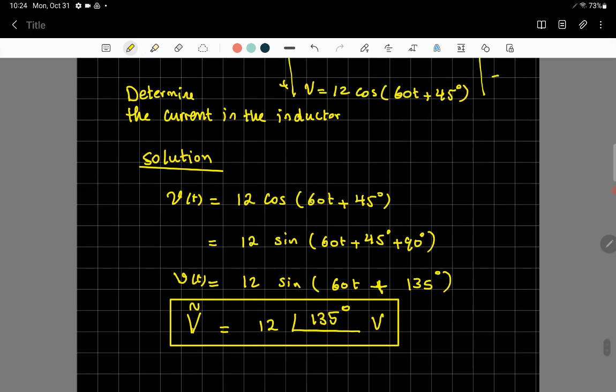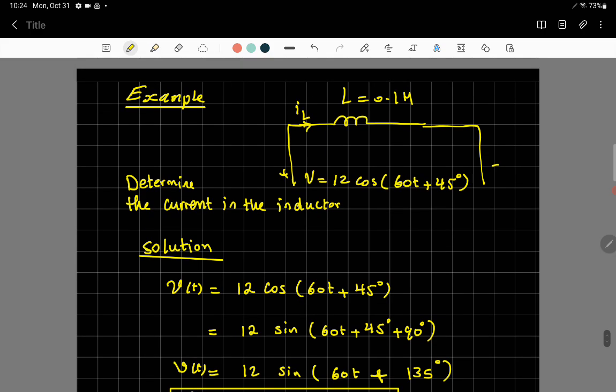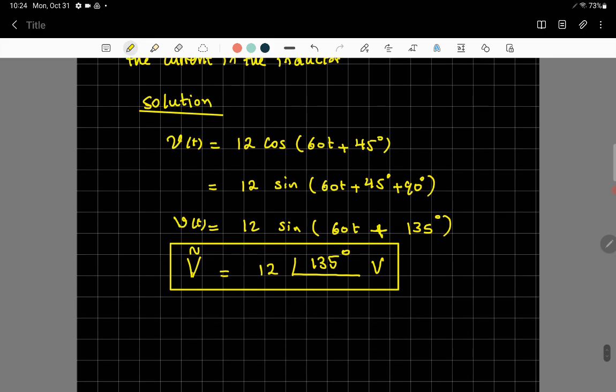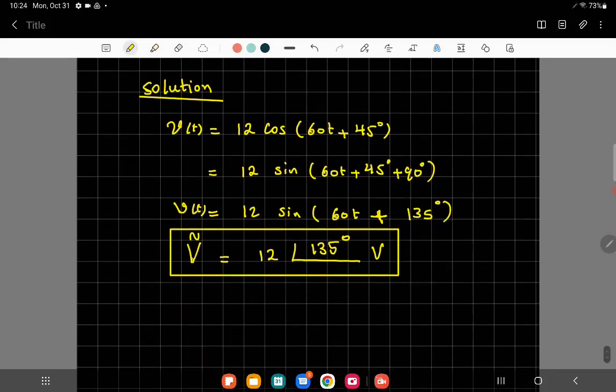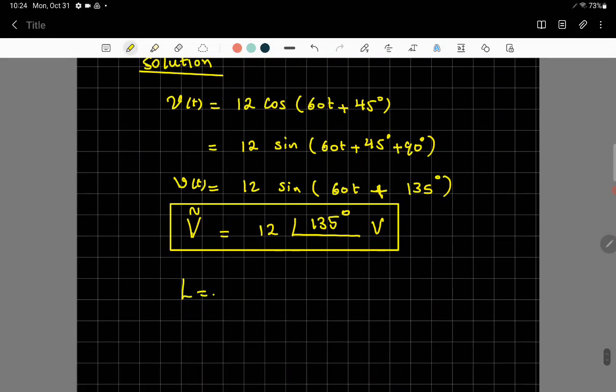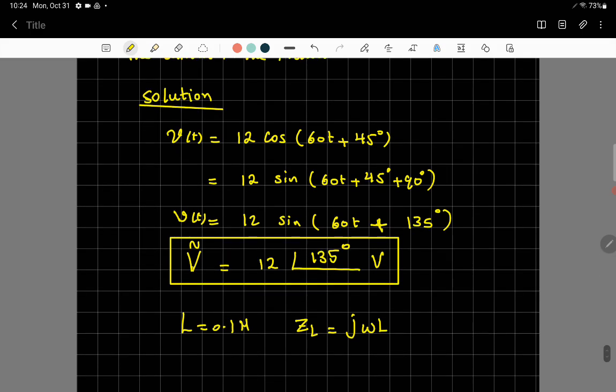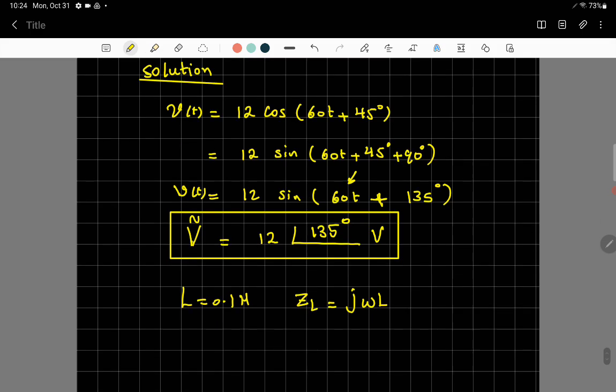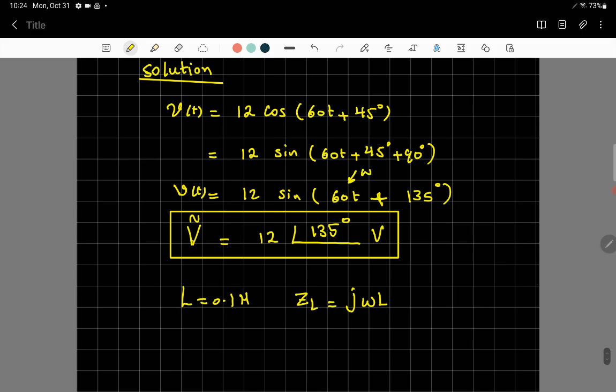Now, I want to find the current. How to find the current? You find the impedance of the inductor L. L is given, L is equal to 0.1 Henry. How to find ZL? ZL is equal to j omega L. How to find omega? Look at the expression here for the voltage, you'll find 60t. So 60t means omega t.